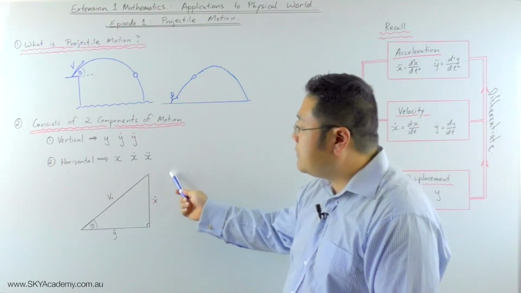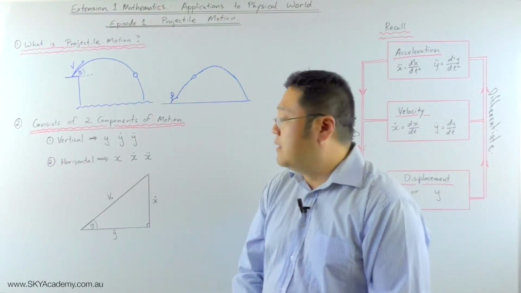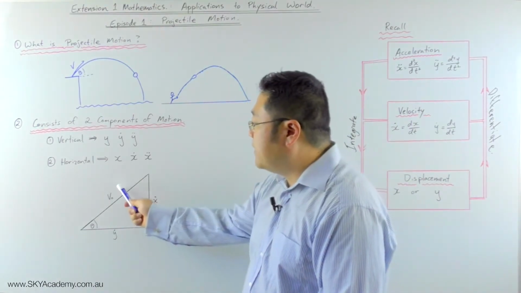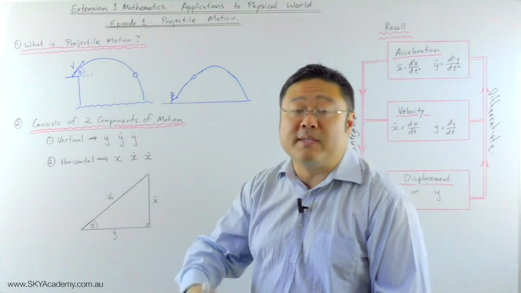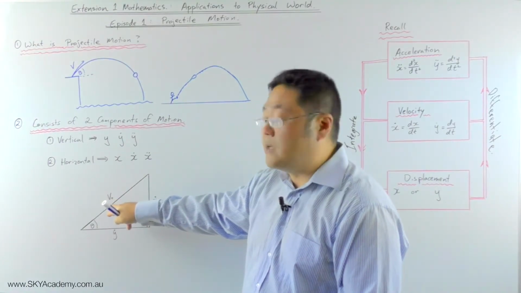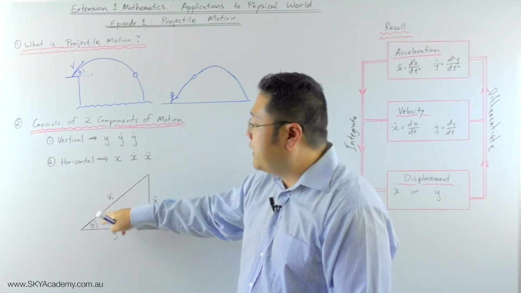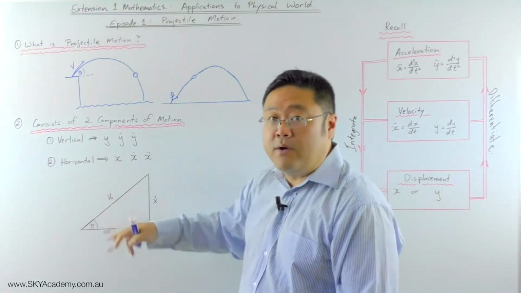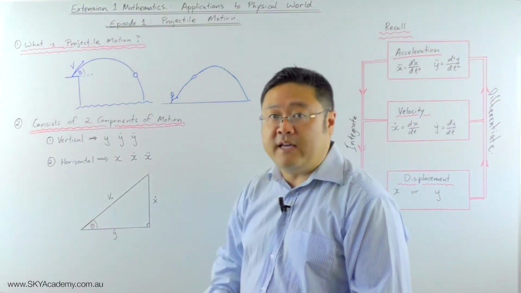Imagine we have an object being launched or projected at a velocity of v0, where 0 stands for when time equals 0, so it's the initial velocity. So we're dealing with an object projected at v0 meters per second at an angle of theta degrees.